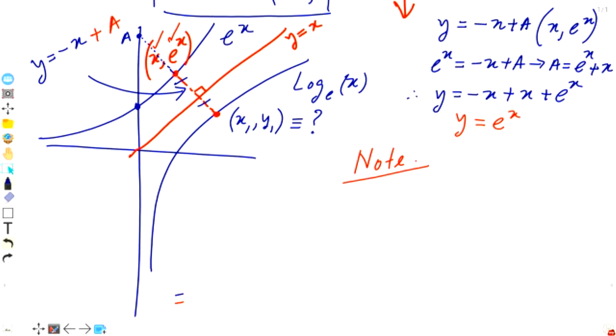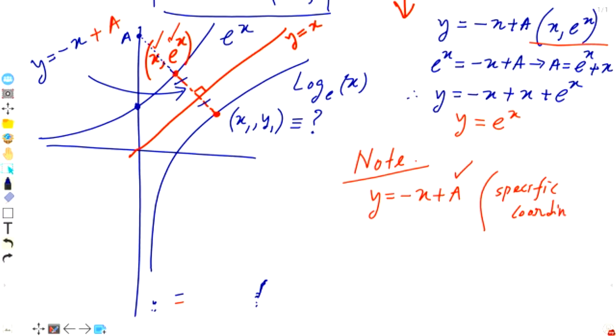Put this into your experience bucket. If you have y is equal to minus x plus a, to find this a, you have to plug in the coordinate, which we did here. That coordinate should be specific. A specific coordinate. It cannot be like x, e^x or something like that.